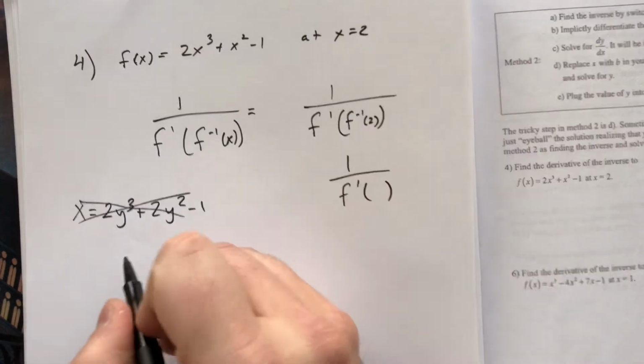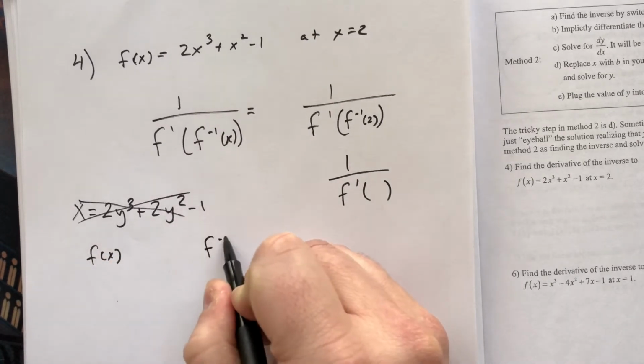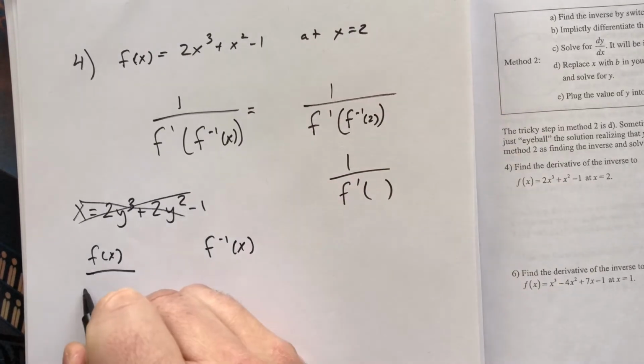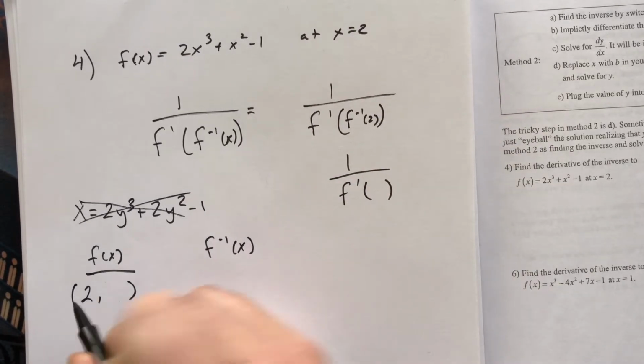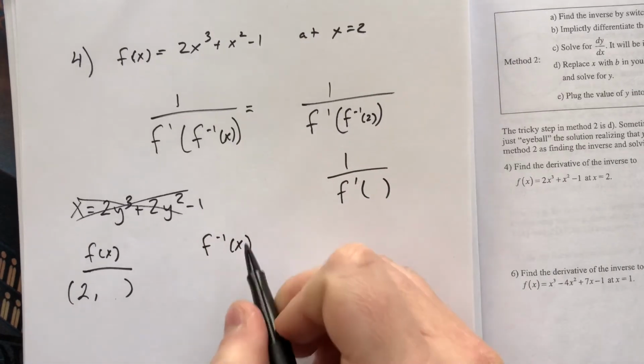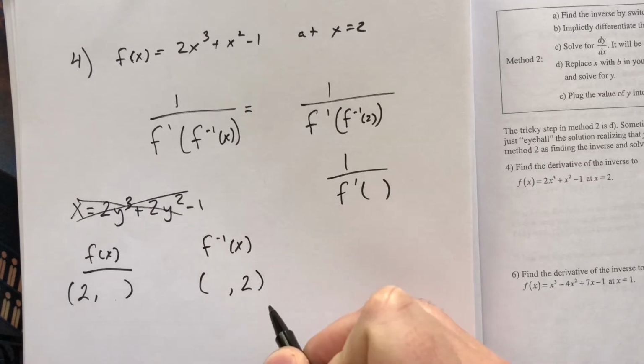So let's think about this. We know we have f of x and there's f inverse, right? And we talked about this earlier in the video. f of x has 2 comma something, right? Well, if f of x has 2 comma something, then f inverse of x has something comma 2, right?